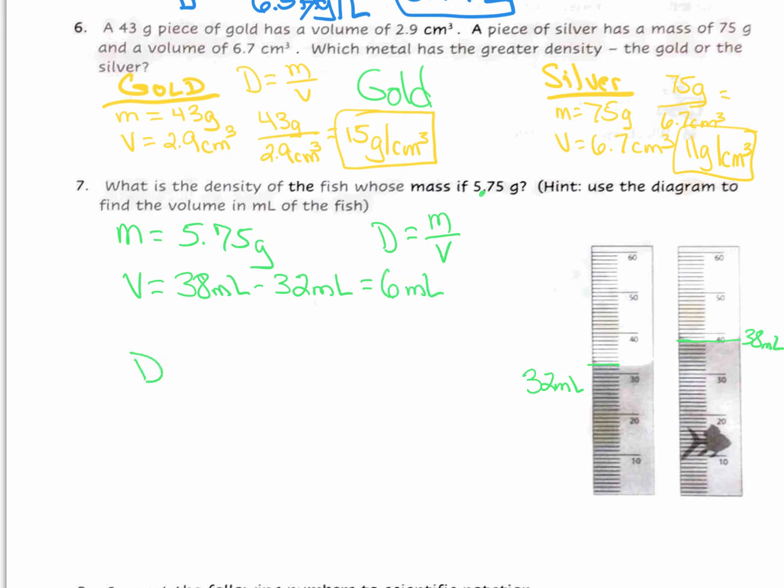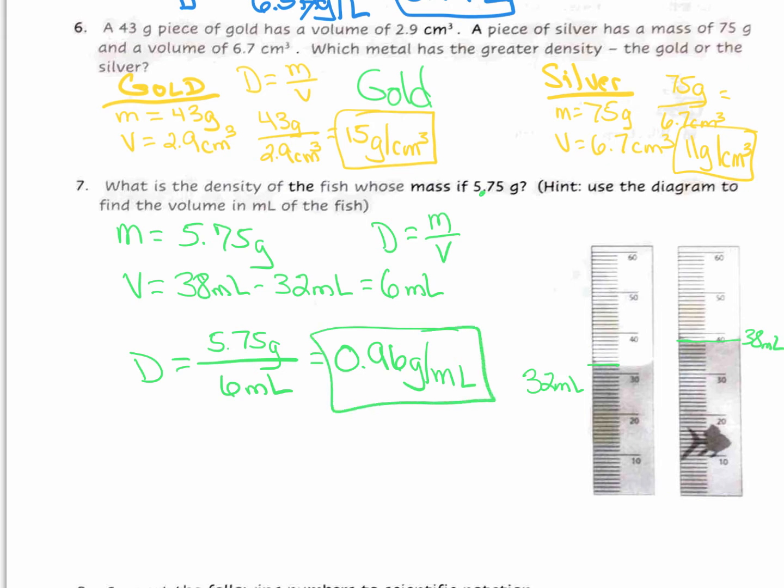So my density equals 5.75 grams divided by 6 milliliters. So you put that in the calculator, and I get 0.96 grams per milliliter. And that is my answer. So let me check the significant figures.